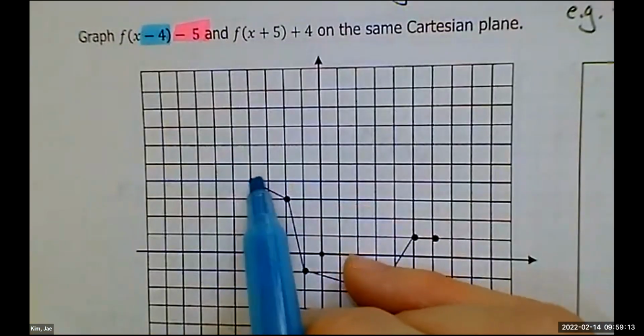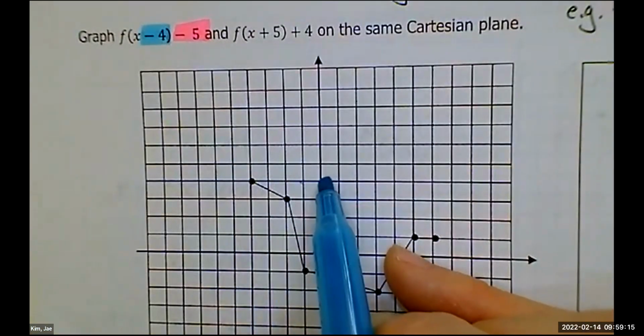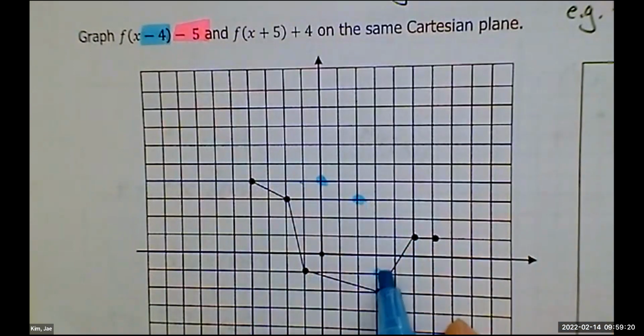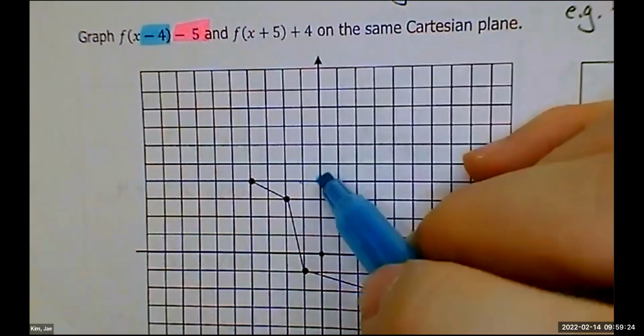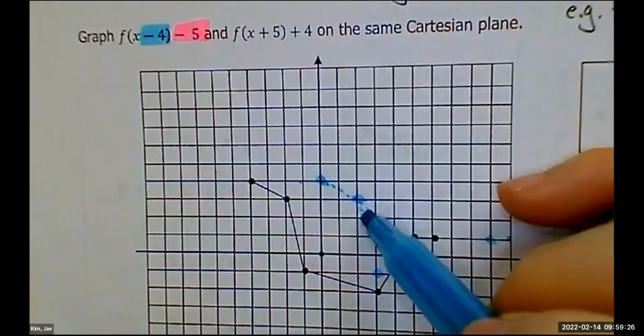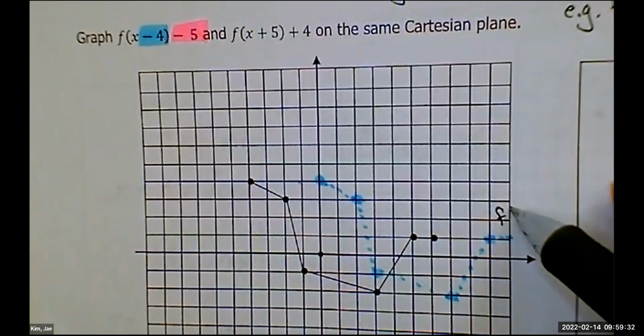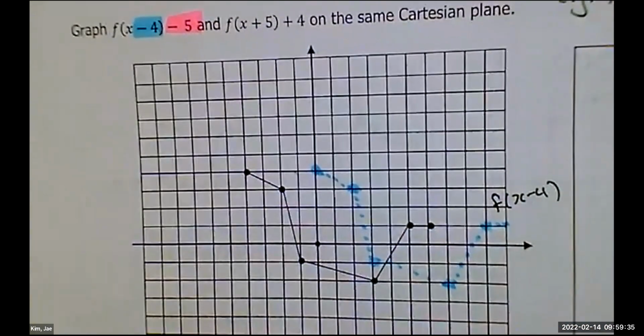So this point is going to be 1, 2, 3, 4, and so on for each point. Now notice how I'm going to draw it in a dotted line because I'm not done. This is just f of x minus 4.